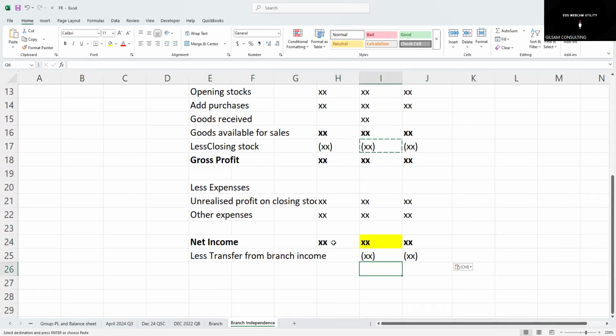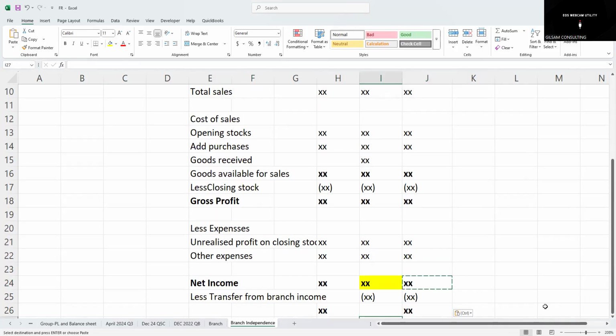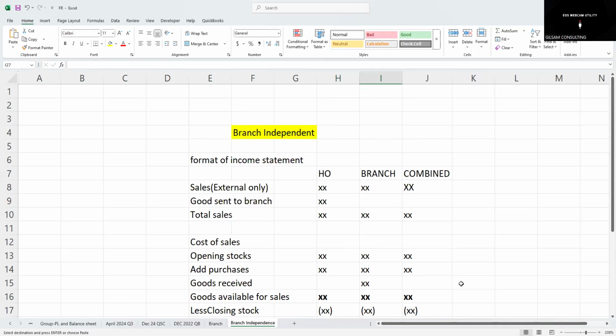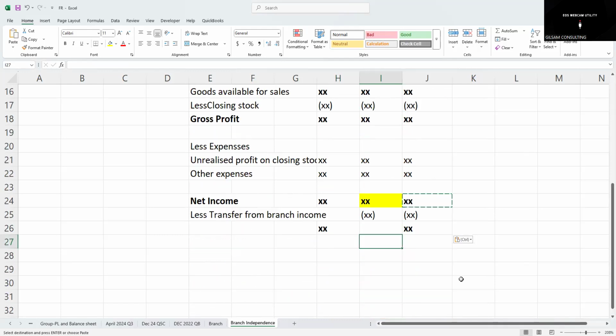This one will be nil, but this one you will have this, and also you'll have for the combine. So that is the format of the income statement. So kindly write, or have you finished?